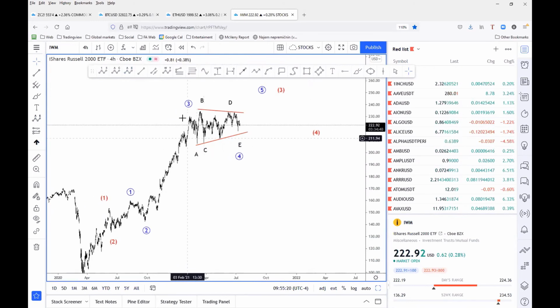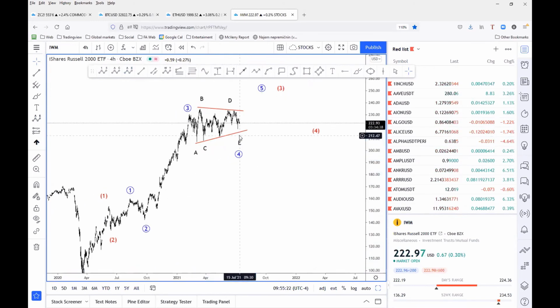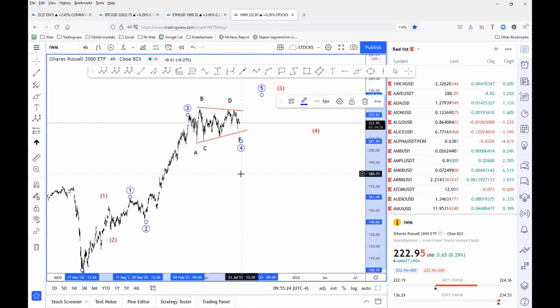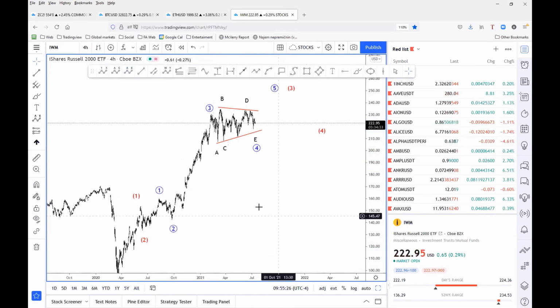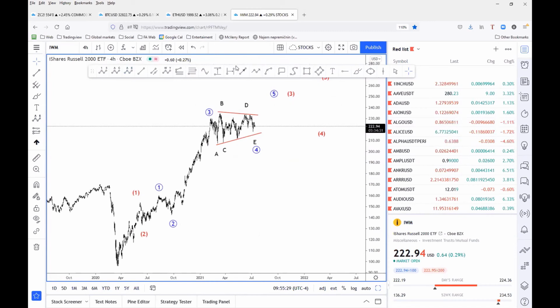Very soon. Looks very good. The confirmation level, of course, is the broken wave D level, but overall, even if we just chop around, I think those supports from above 2000 should hold.